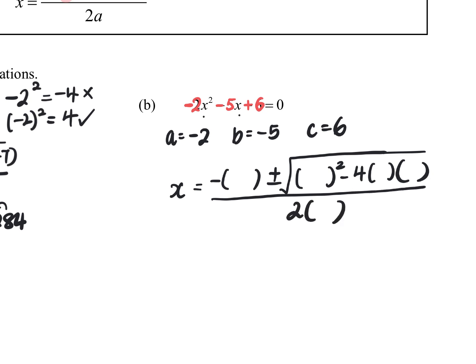Then now I'm going to plug in my values: negative B, negative 5. Remember to put your brackets over here. Alright, so then you can get your two answers. First one is a plus, second one is a minus.